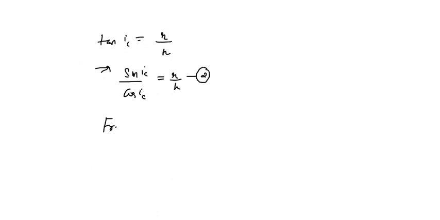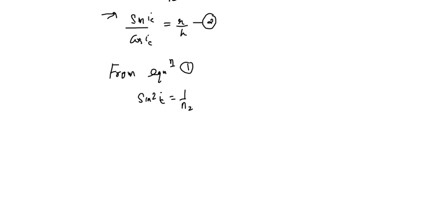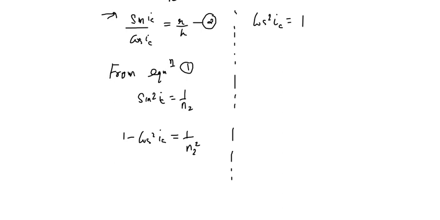From equation 1, sin square IC is equal to 1 by N2 square. So 1 minus cos square IC is equal to 1 by N2 square, or cos square IC is equal to 1 minus 1 by N2 square.